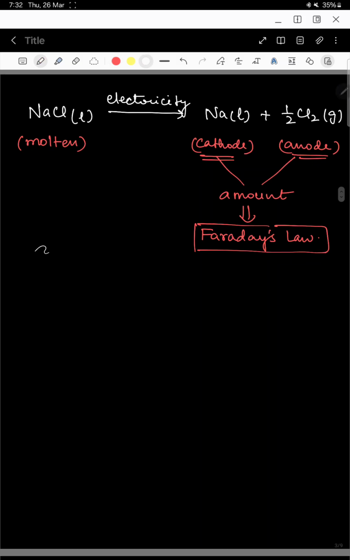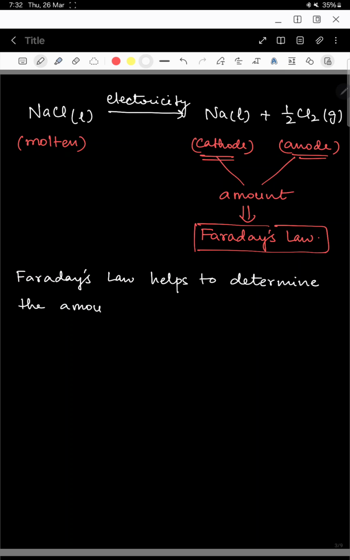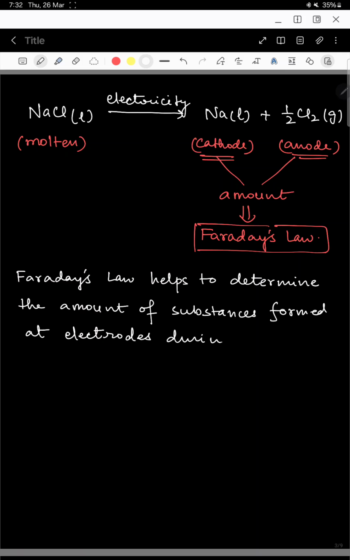So Faraday's law helps to determine the amount of substances formed at electrodes during the electrolysis. So this is the use of Faraday's law.